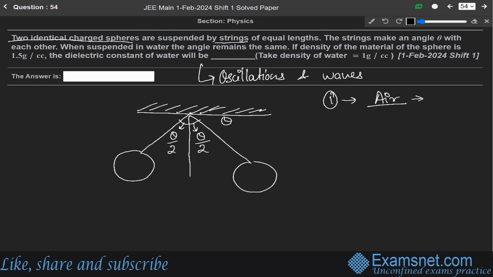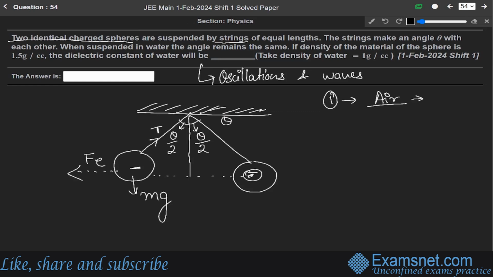In case of air, this is the tension force. Since these two spheres are identical, they have the same mass. This sphere is exerting an electrostatic force Fe in this direction, and mg acts in the downward direction.